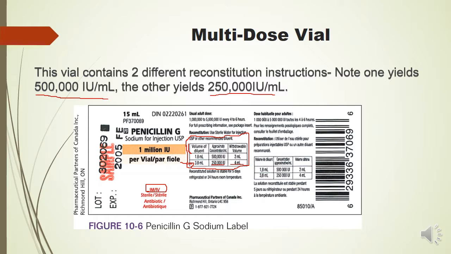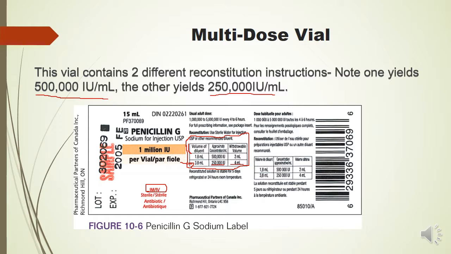So this vial contains two different reconstitution instructions. Okay, one yields 500,000 international units per mil, and the other 250,000, sorry. Which, if we just do a quick little fun check, this is half of this, right?